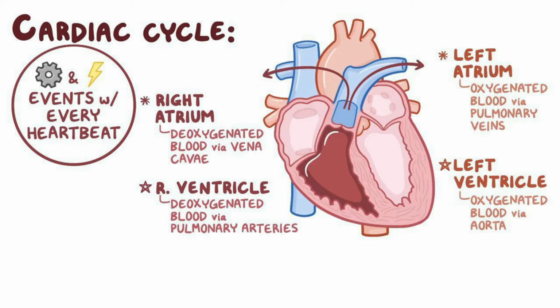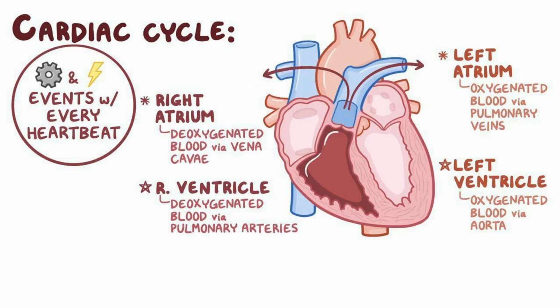This inherent activity is called beating or pulsation. Each pulsation or heartbeat obviously has two phases. One is contraction, the other one is relaxation phase. The contraction phase is called systole, the relaxation phase is called diastole.